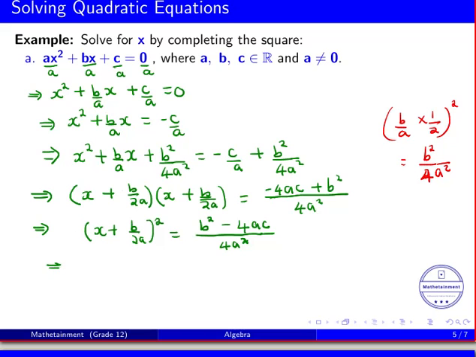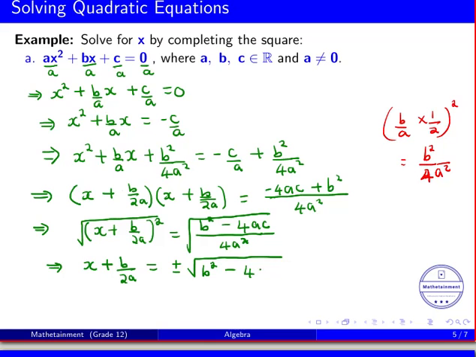Now, I'm going to apply the square root on both sides. So if I apply the square root there and the other side, what I'm getting is x plus b over 2a being equal to plus or minus. On my numerator, I don't really know what the square root of that quantity is. It just remains under the square root, which is b squared minus 4ac.